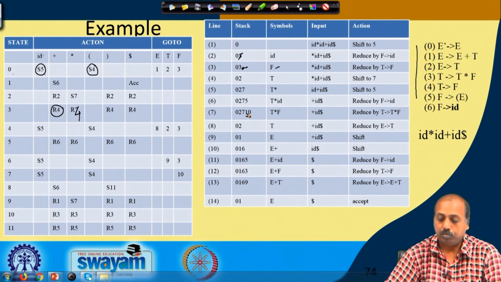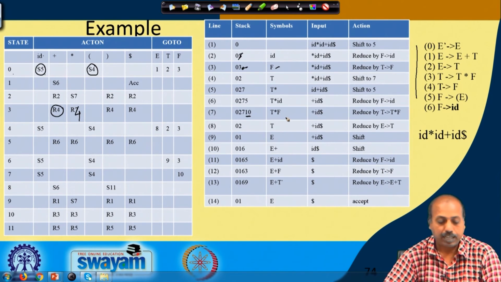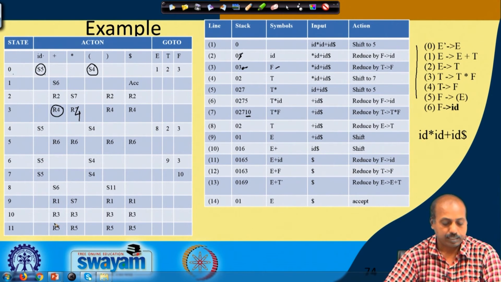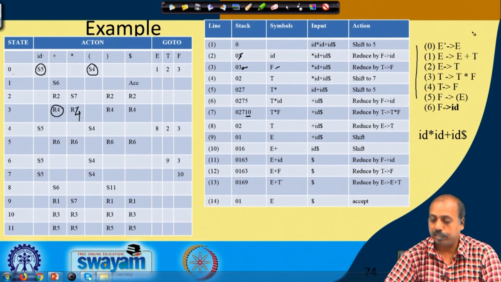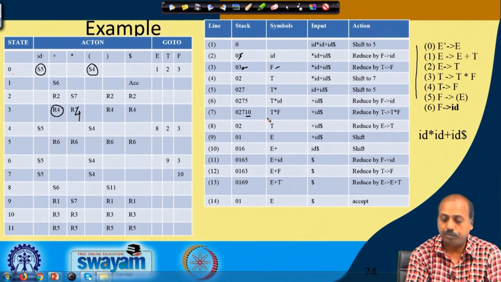Okay. Now, from state 10 on plus, it says reduce by rule number 3. Reduce by rule number 3 is this one, T producing T star F. So, this T star F will be going out of the stack, and then this state 10 will also be going out.